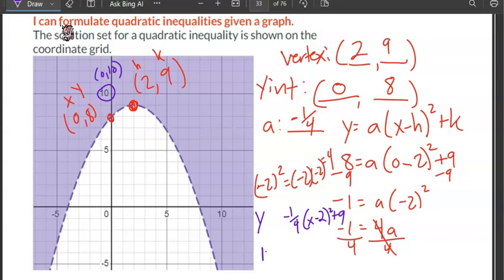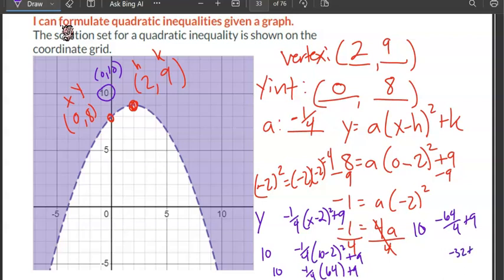So we have 10 is something to -1/4 (0 minus 2) squared plus 9. The 10 is going to be greater. So our symbol will be the greater than sign.